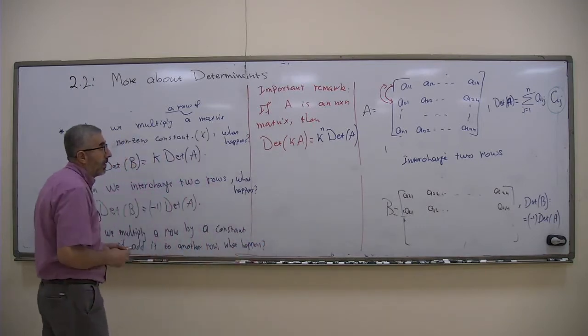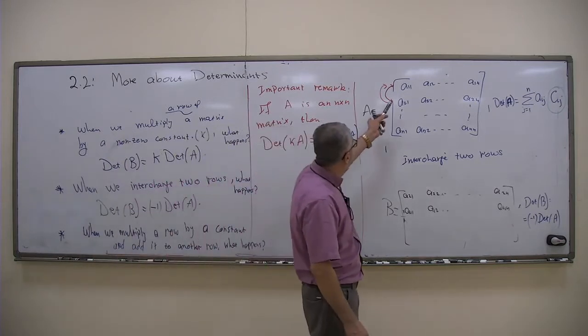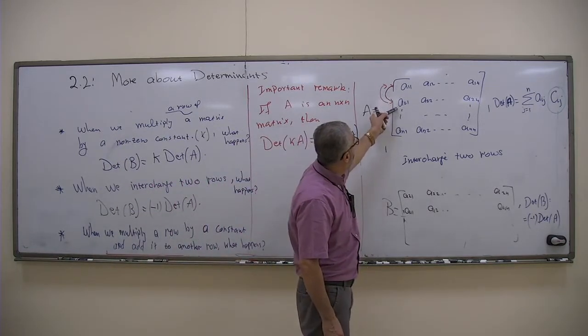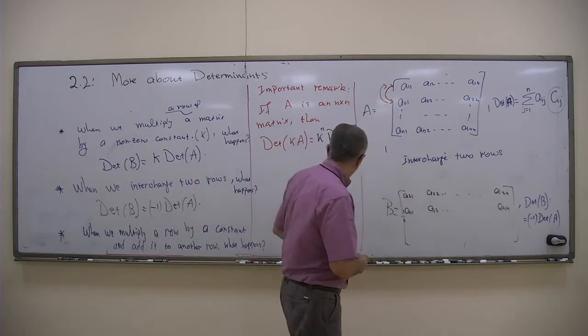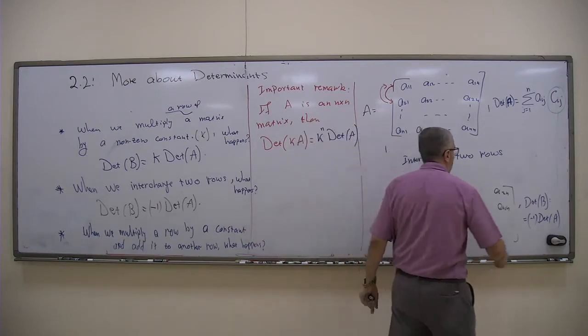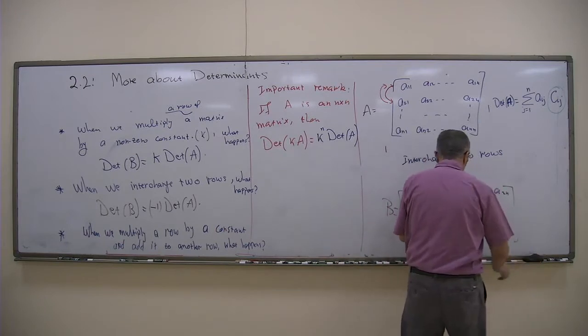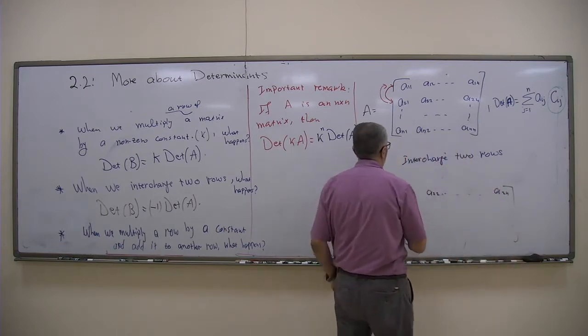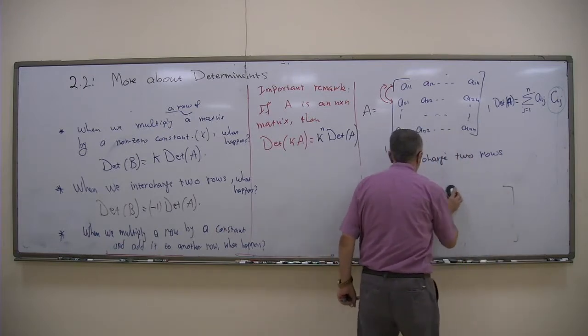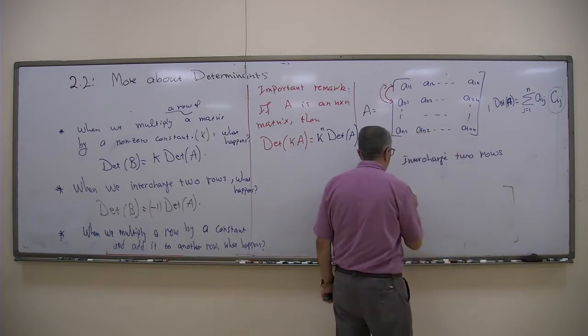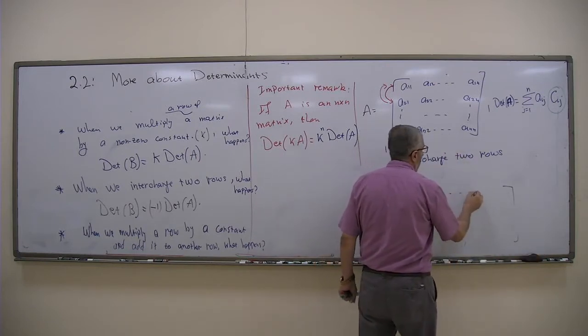Okay, think about it. So here is a matrix. We are multiplying a row here by constant and adding that to another row. So let's say here we are multiplying the first row. Here is the first, A11, A12, A1n.